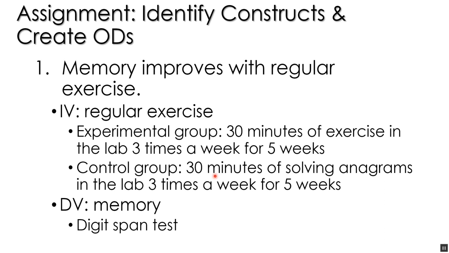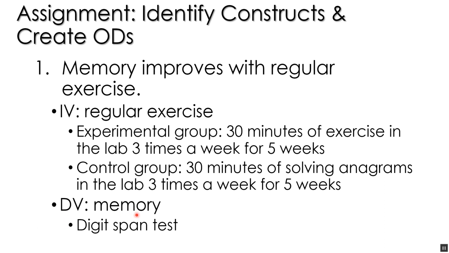The control group would go to the lab for 30 minutes of solving anagrams 3 times a week for 5 weeks. That's our control condition. And it makes sense that the subjects going to the lab for 30 minutes of exercise for 5 weeks are getting more regular exercise than the control group.